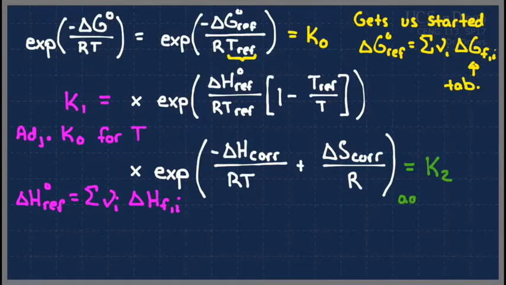And what that one does is adjust delta H for temperature. That adjustment is usually small. There is no way in the world you can ever neglect the adjustment for K1. You always have to do the adjustment for K1. Pretty often, though, K2 is kind of small. It can be on the order of like maybe a 0.9, something like that, versus 1. And so that one can sometimes be ignored.